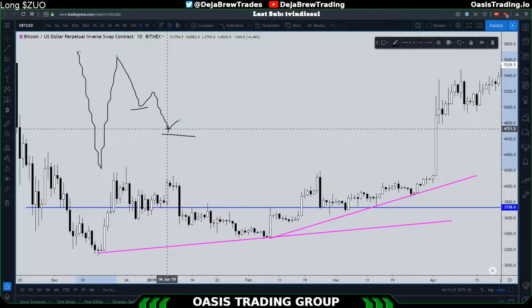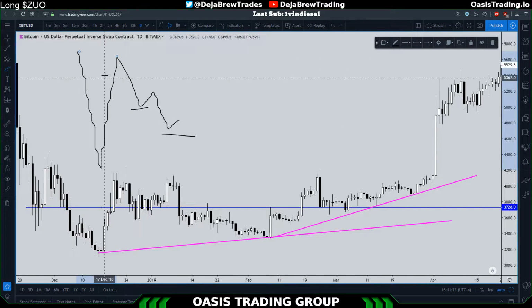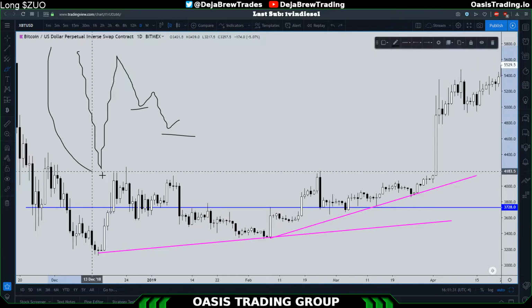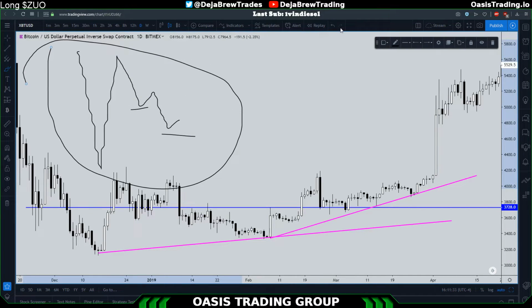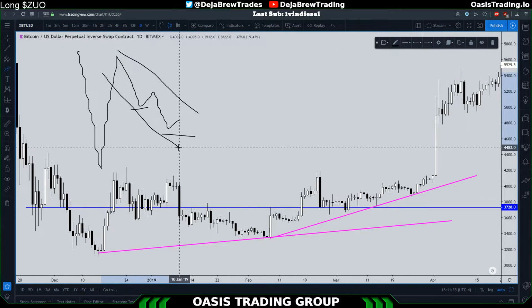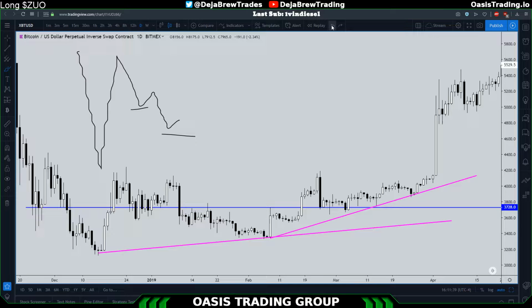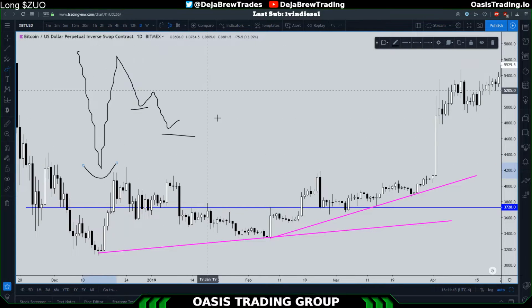This is still a lower low, but in your overall trend, if you're taking the entire move, that is a higher low. So that's what I mean by overall trend and local trend. So this is still a lower low, but it's a higher low if you're looking at a longer time frame.